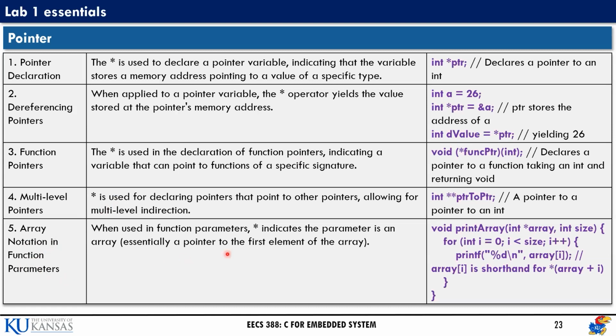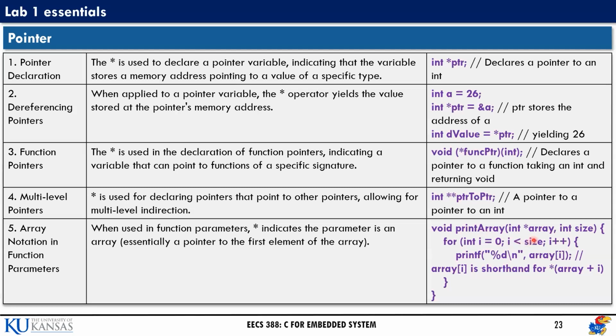For example, here the code is taking an array as an argument, as you can see here, and this array is created using the pointer.